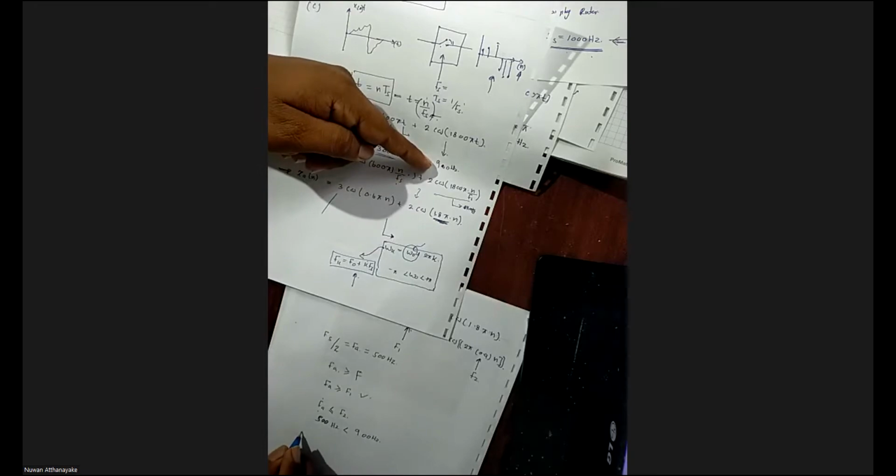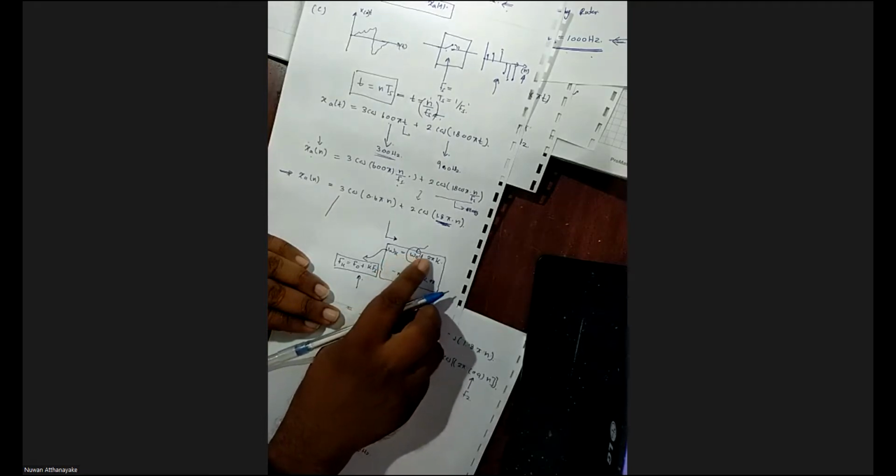Now you can see that our frequency is 900. If you convert this identity, omega k = omega naught + 2πk, to frequency, you will get Fk = F naught + k.